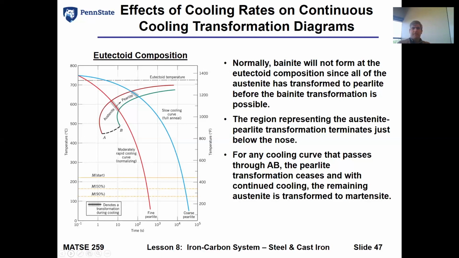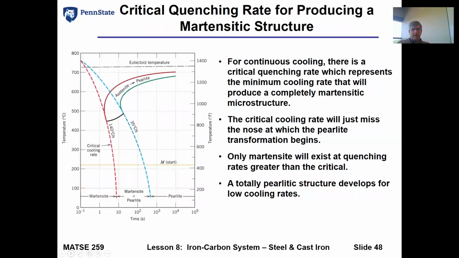This brings us into a concept of critical cooling rate. If we look at the nose of this eutectoid CCT diagram where we have austenite to pearlite, and we go at cooling rates faster than about 140 degrees C per second, we are to the left of the nose of this curve, what we call this point where it comes around.